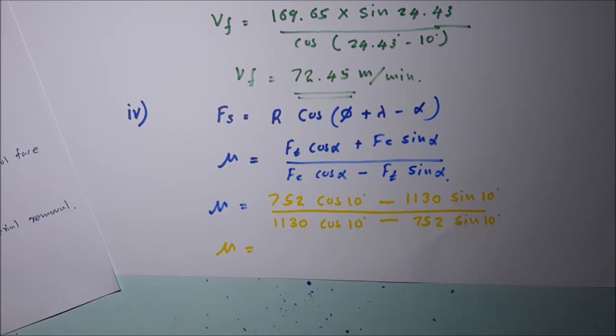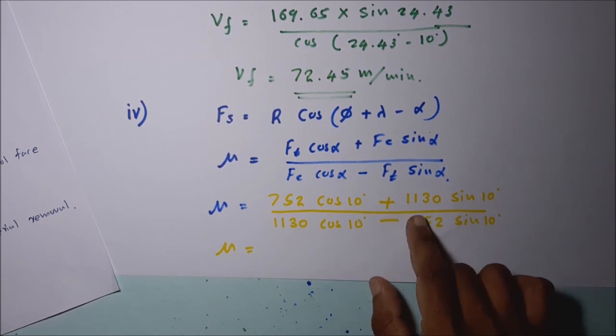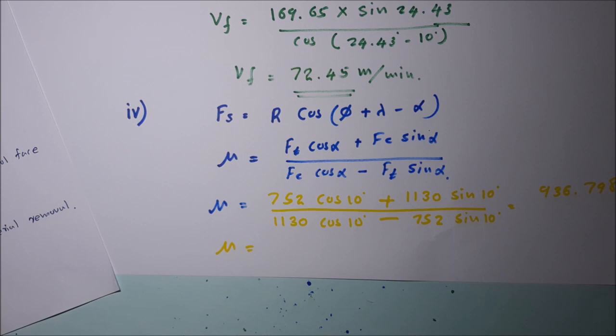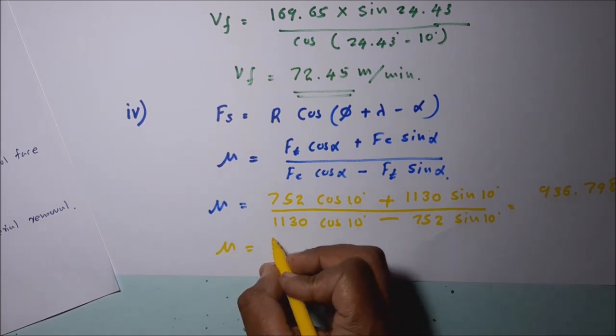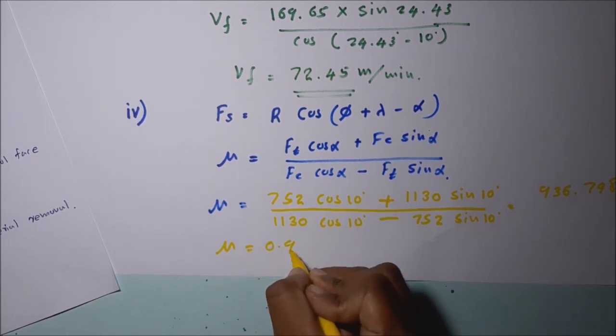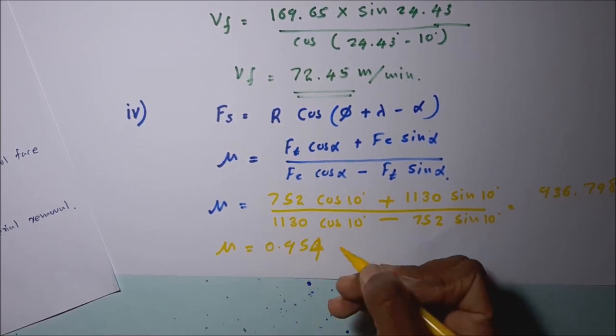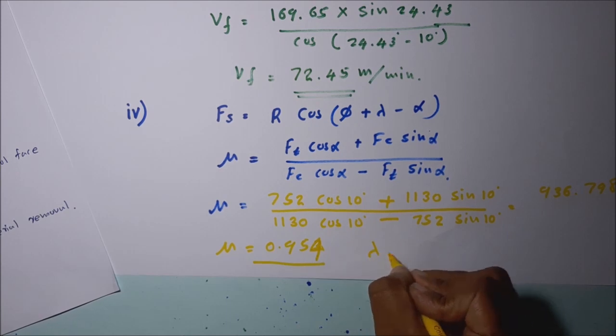Sorry, this one is plus. This one is plus. So then we are getting the answer for the mu is equal to 0.95354. With the mu, we can calculate the lambda.